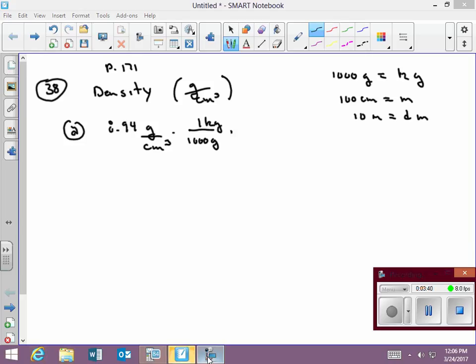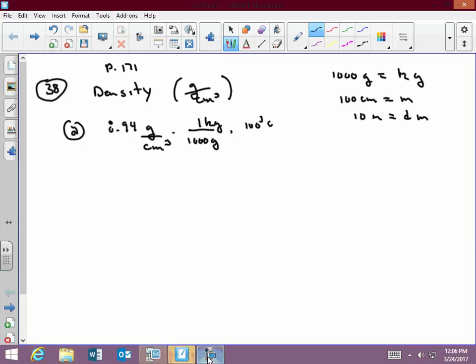Now I got to go the centimeters to decameters. So I got to go 100 centimeters cubed, 1 meter cubed, times, and there's 10 meters cubed, and then it's 1 decameter cubed.